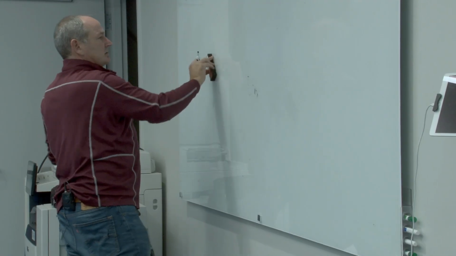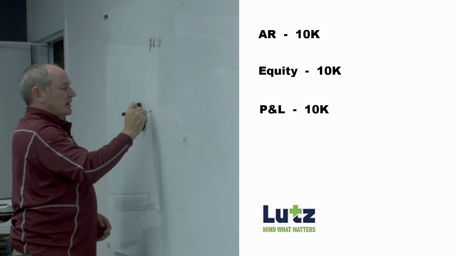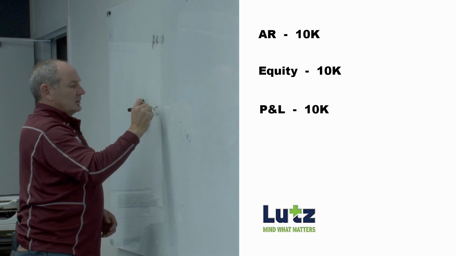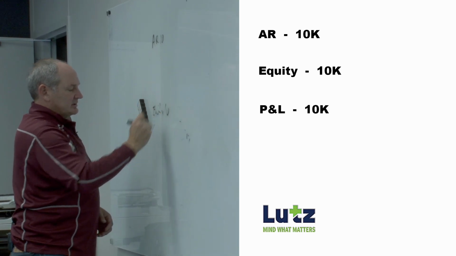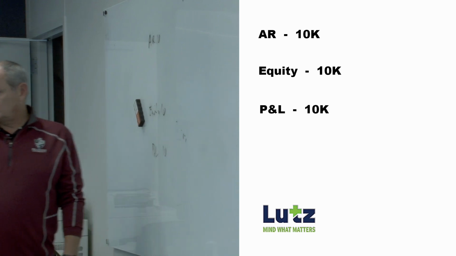So, stupid question. You said AR was 10,000, equity was 10,000, P&L 10,000. That's what you said, right? Is that correct so far? Yep. Okay, so now this M1 item comes into play.